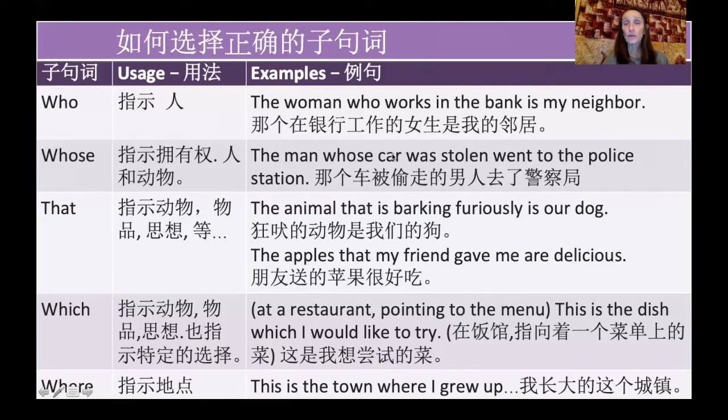But because we're talking about the car and it's the man's car, we use whose, right? And you can go ahead and read the Chinese. You don't need me to do that to see where it comes from. All right, that is used a lot, especially in spoken language.